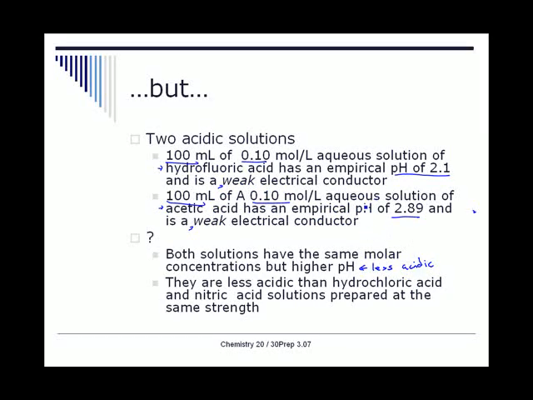So both of these are less acidic than our previous two solutions, and the acetic acid is actually less acidic than the hydrofluoric acid. So what this means is they're less acidic, which means fewer H3O+ in solution.